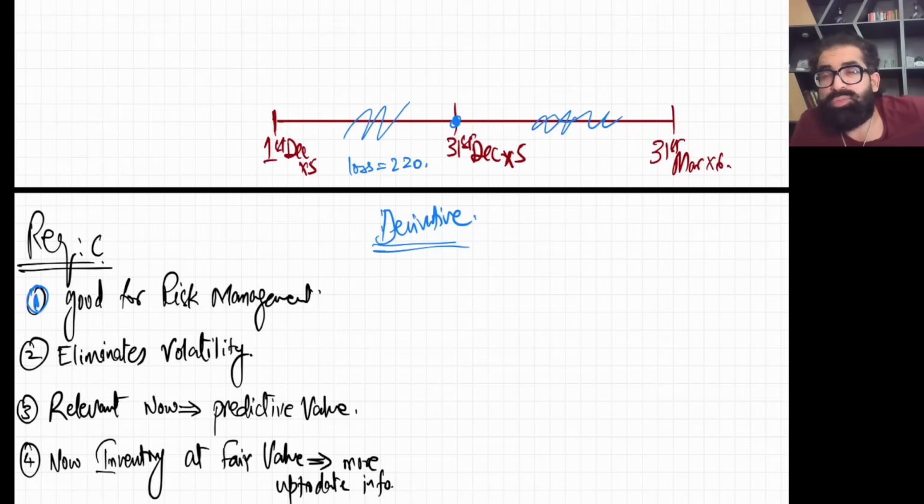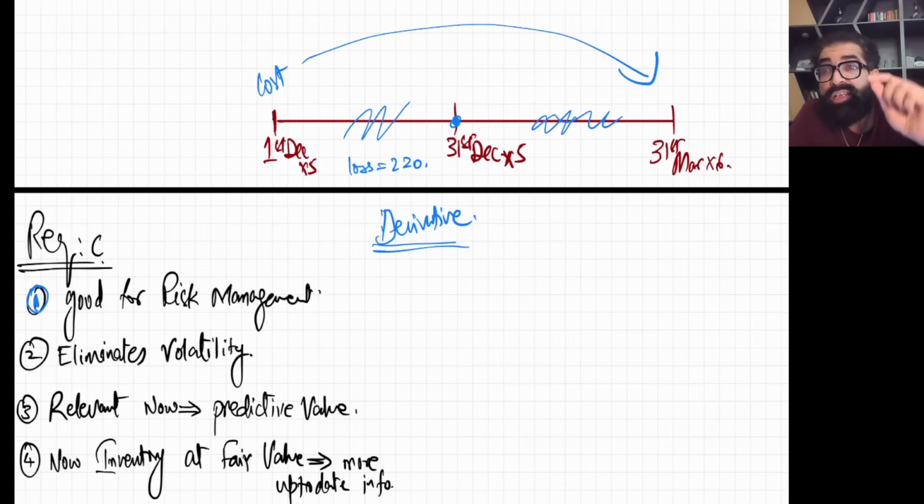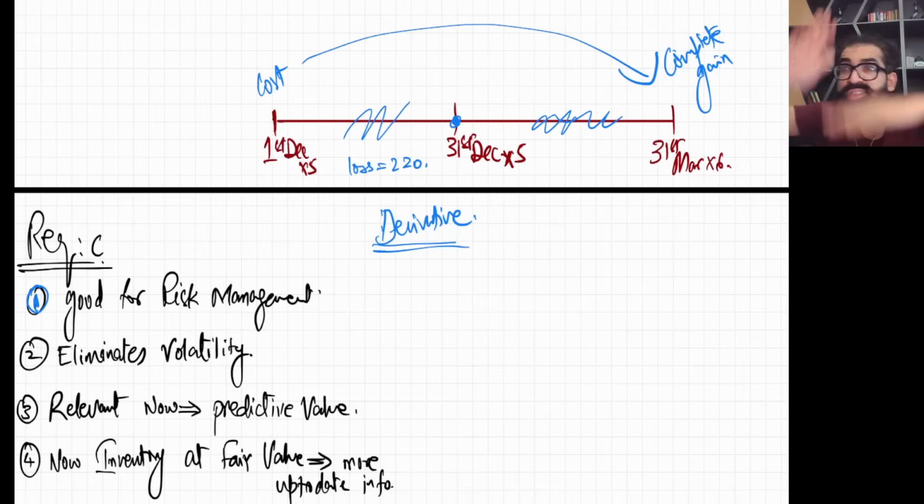But inventory will be recorded at cost, and when in future you sell it, you will book the complete gain in the end. So in one period there is a loss and in the other period there is a big gain. So this is volatility, which normally investors do not like.